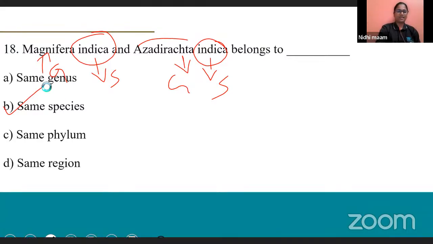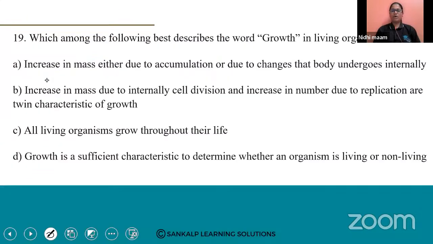Next question. Which among the following best describes the word growth in living organisms. Growth, characteristics of living organisms, we have read about growth in that. So which of the following gives a correct description or explanation of growth? Understand the options properly. Increase in mass either due to accumulation or due to changes that the body undergoes is called growth.